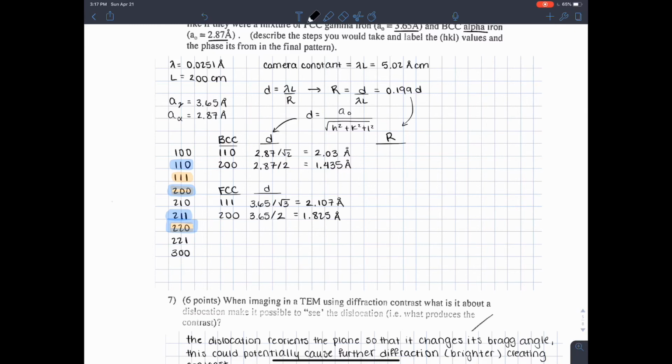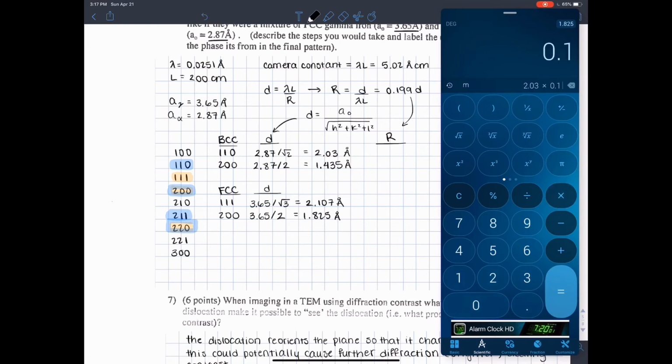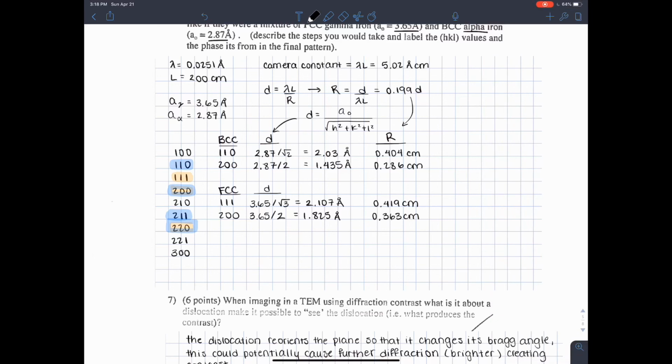Now that we have our d-spacing, we can actually figure out the radius of our rings based off of that relationship we had originally derived using the camera constant. We're going to multiply all of the d-spacings by 0.199 to figure out the radius of the rings that we're actually going to draw on our paper. So you're going to go ahead and multiply all of those d-spacings by the 0.199, which is just 1 over 5.02, the camera constant. And now we have all of the radii for each ring of the diffraction pattern.